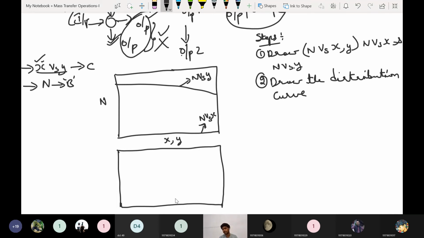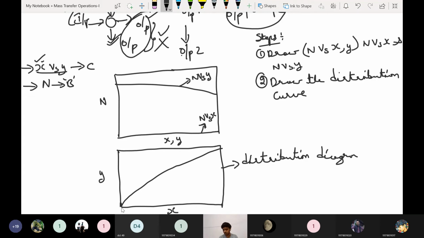This will be y versus x, or x versus y. This will be the distribution curve, the distribution diagram, and when you draw it, you will get the distribution curve like this. Same as before, a diagonal will be there for the distribution or equilibrium curve.